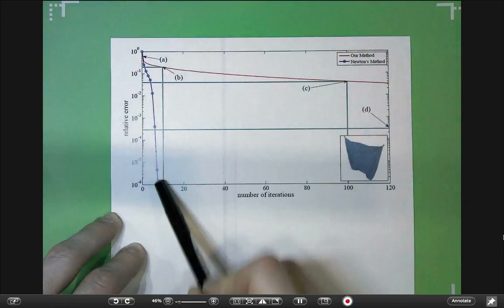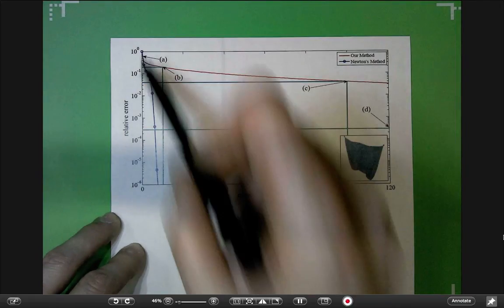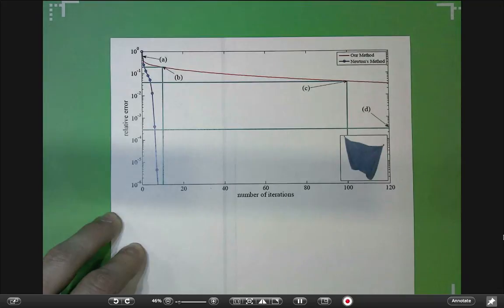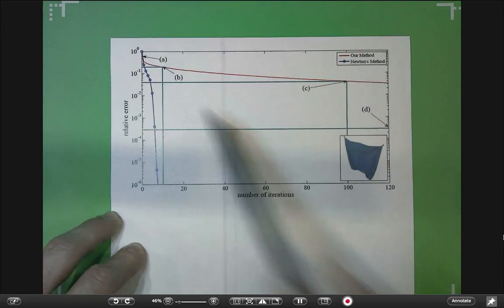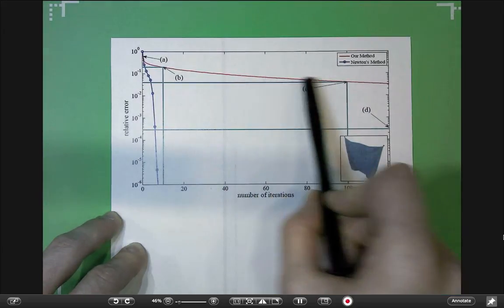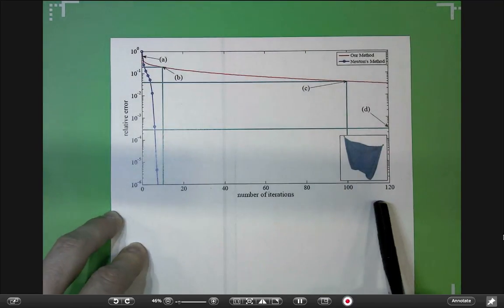With Newton's method, you can see the quadratic tail. This is a typical behavior of Newton's method. It goes really quickly to the solution, right? In the number of iterations. So here it looks like we are absolutely losing, right? We are converging really slowly compared to Newton's method in the number of iterations, right?